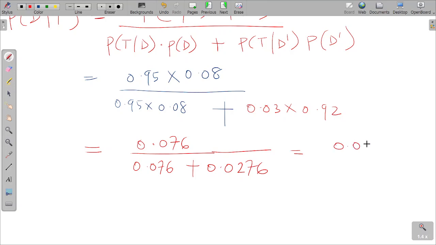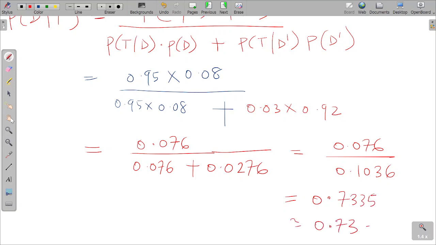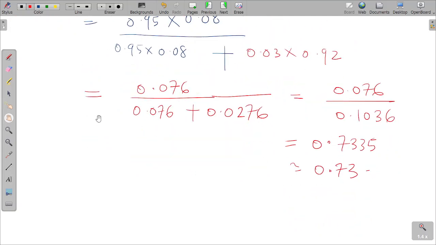This will be 0.076 all over 0.1036, which will give us 0.7335, approximately 0.73 to 2 decimal places.